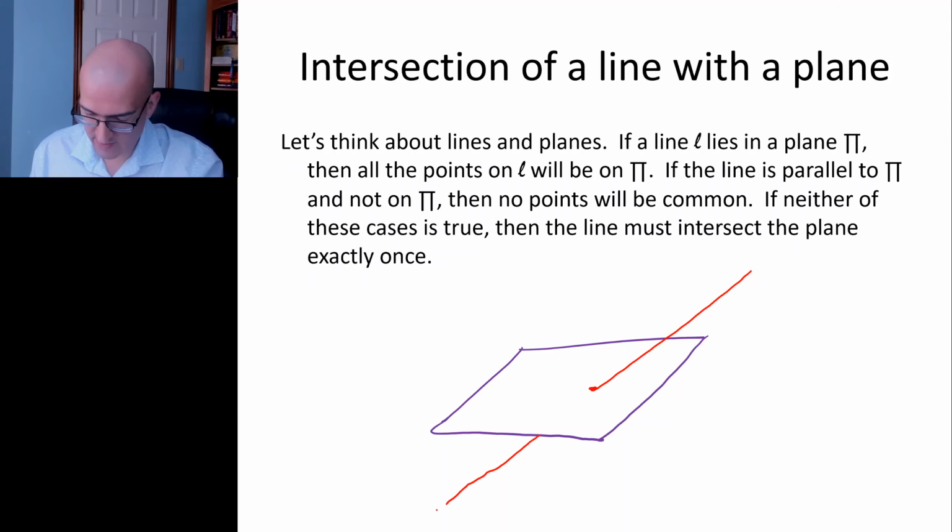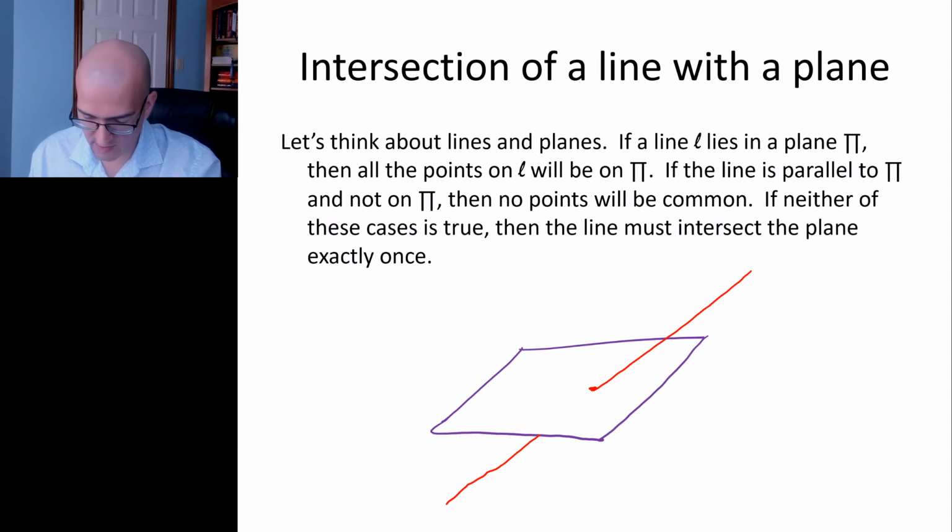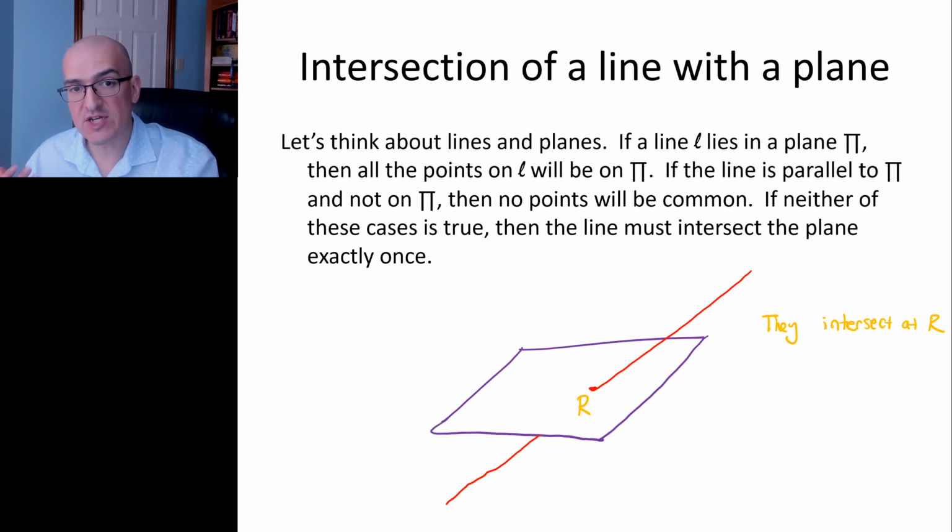Okay. So I'll call that point where they cross, I'll call it Q or P or R. I'll call it R. They intersect at R. And if they intersect there, it means they share the same x, y, and z coordinate.